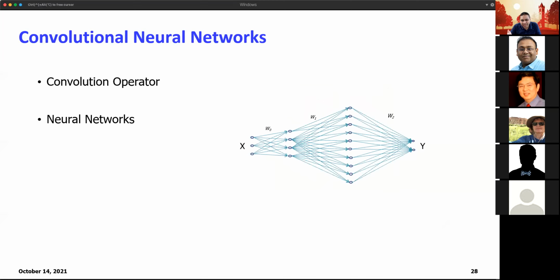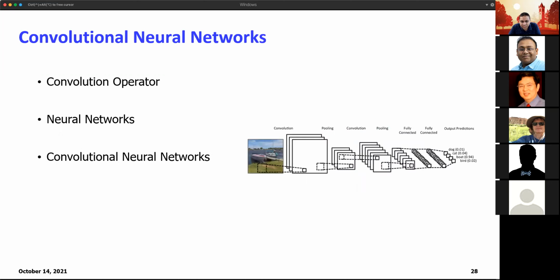Obviously, combining the convolution operation with neural networks, you get convolutional neural networks, where you can map any input X to an output Y, but the convolution operation localizes this operation and essentially allows the network to learn the local spatial information.